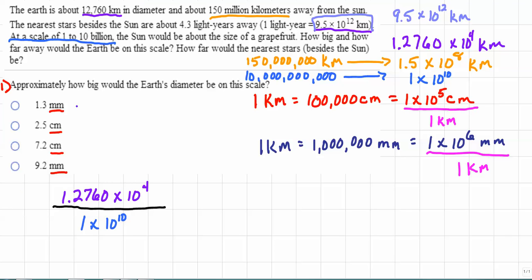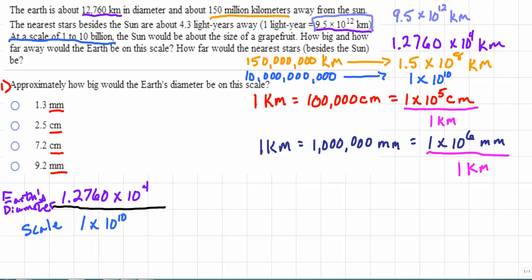Just to clarify, this is Earth's diameter, and this is the scale.